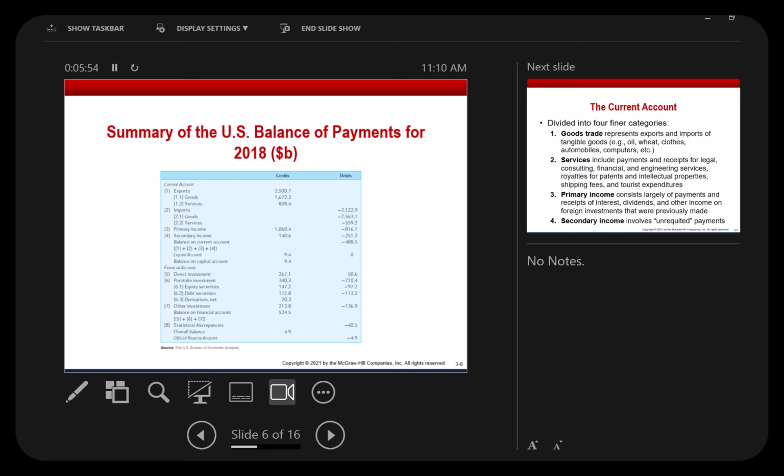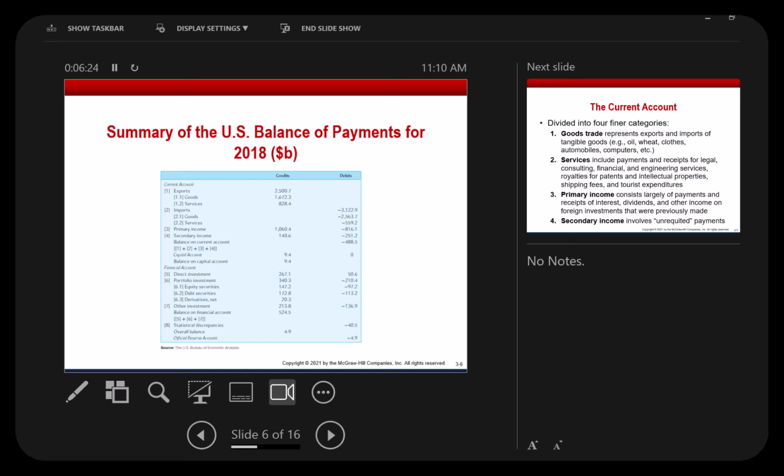Of those, about 2.5 are imports of goods, stuff you buy from China, and also services. This primary income, these are incomes of US nationals that are earned in foreign countries.